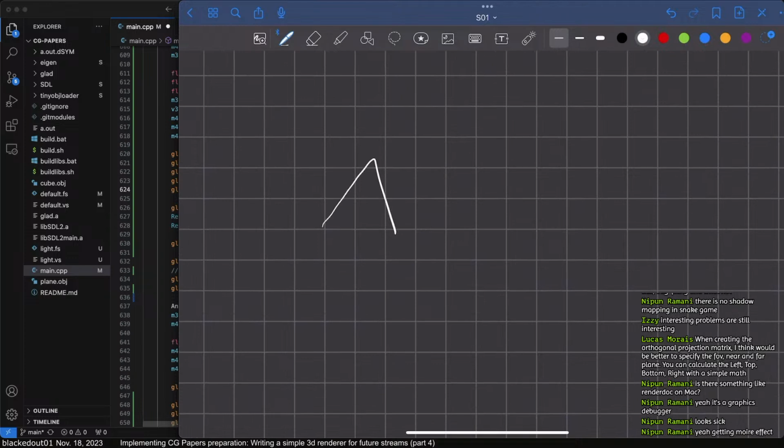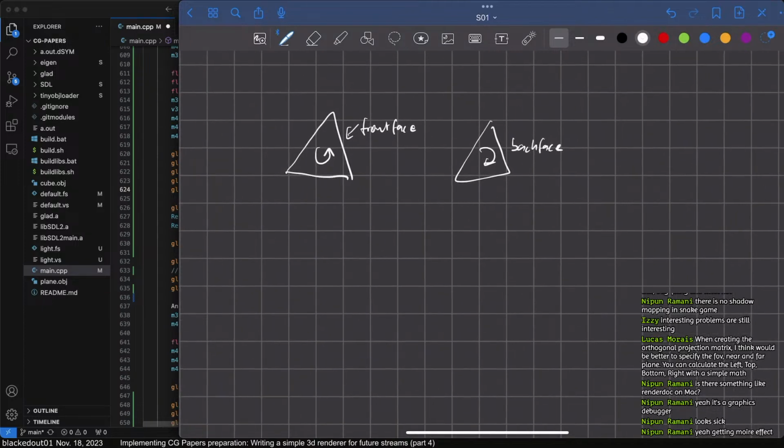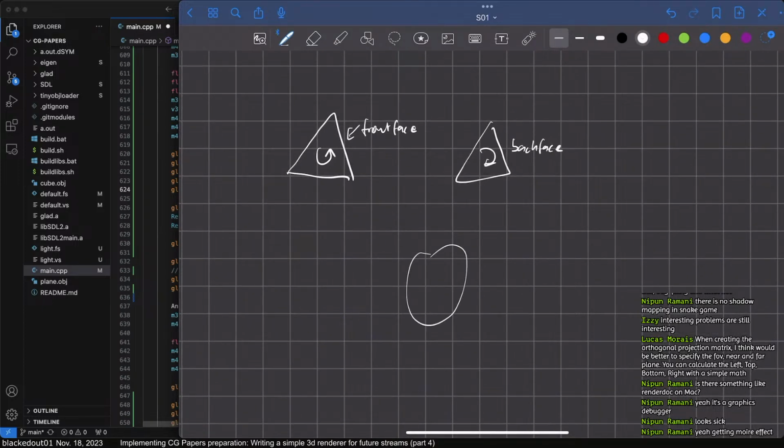So for example, if we have this triangle here, this is a front face because it points counterclockwise, but this here is a back face because it points clockwise. And when we render a model, these are always specified, or if you did it right, they are always specified such that when looking at the front side, these here are always counterclockwise, and the back faces are always clockwise.